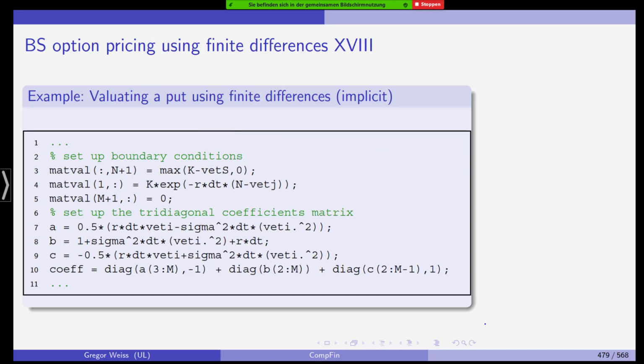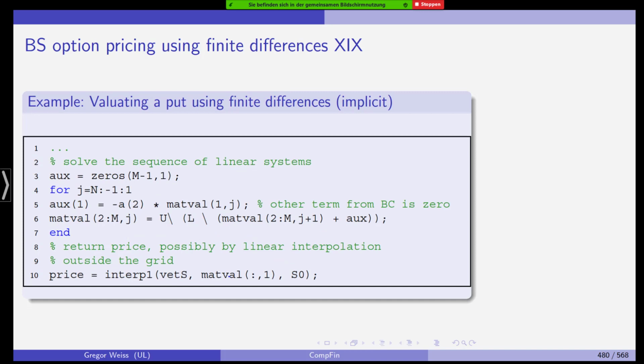We set up the tridiagonal coefficient matrices A, B, and C, and put them into the coefficient matrix using these diagonals. And then we have to solve the system of linear equations using the LR decomposition.